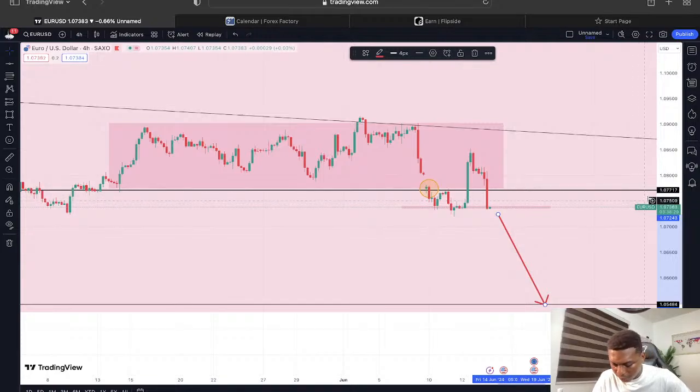Many persons are mentioning gold, so we are going to take a look at the gold market.